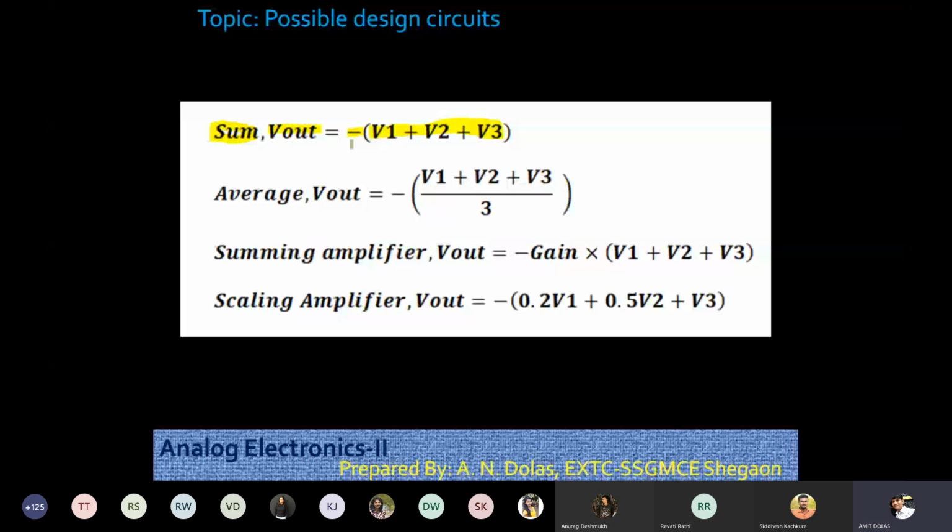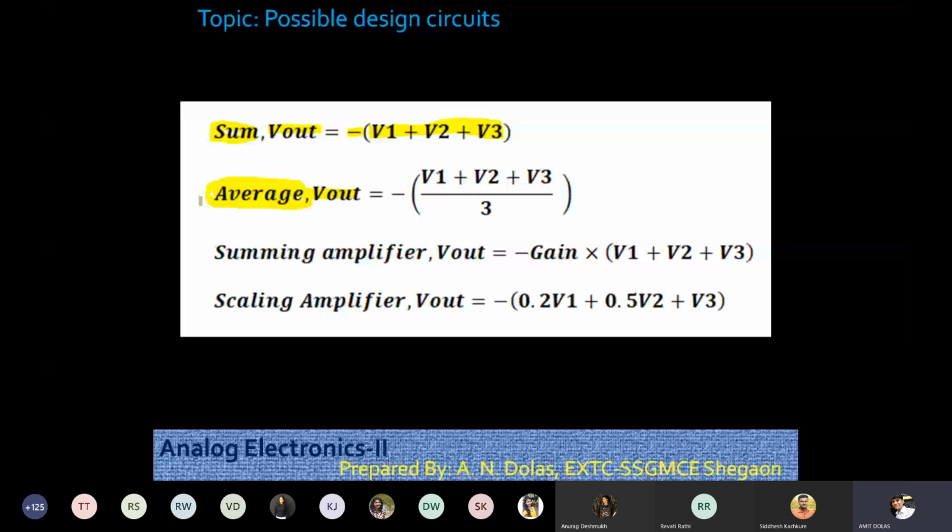We can have the average of the inputs, because during analog operation on the signal, we have to perform several mathematical operations. Before the digital computer, the previous invention was the analog computer.